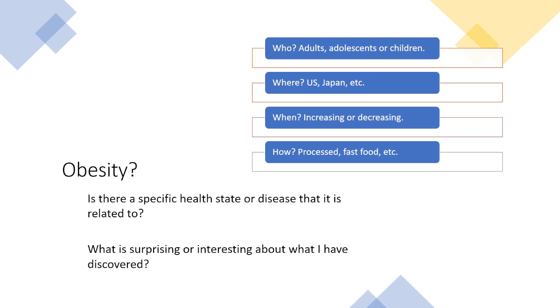So you need to figure out where you're going to narrow your research to. Are you going to look at whether obesity is increasing? Is the prevalence, or the number of people that are becoming obese, increasing or decreasing in a particular area for a particular person?